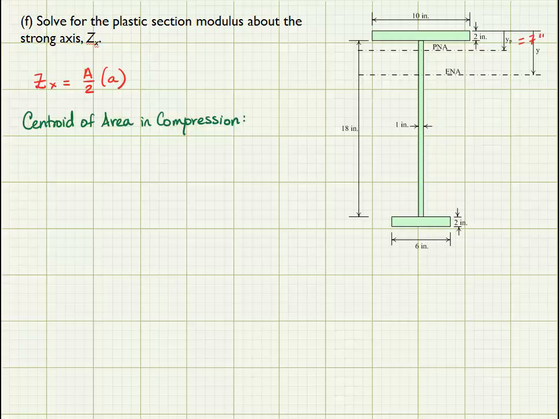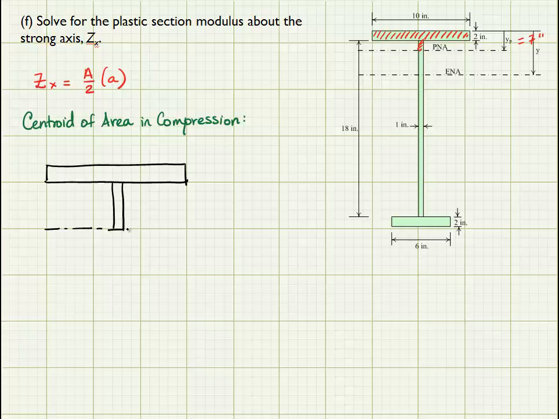So the area that's resisting compression is everything above the plastic neutral axis. So let me sketch that out. Here's the top flange. There's the web.